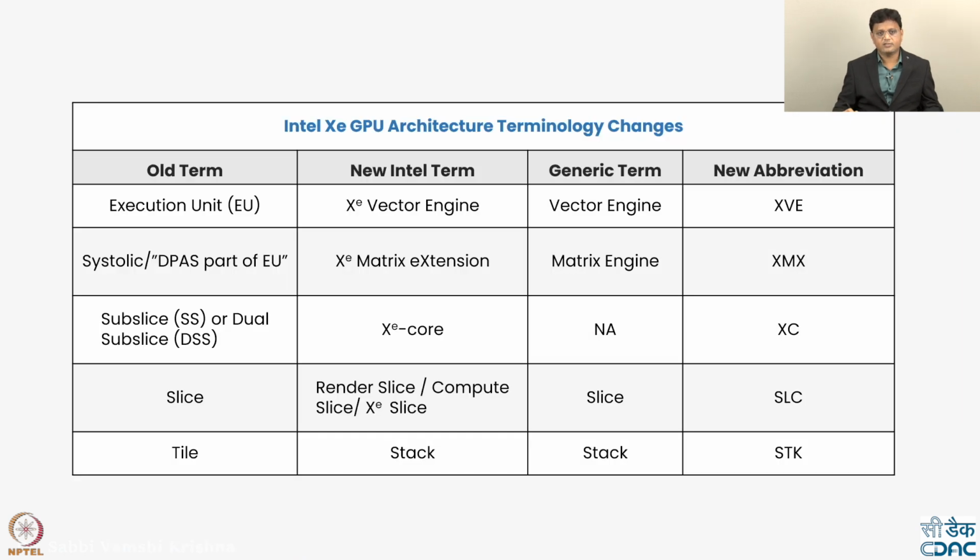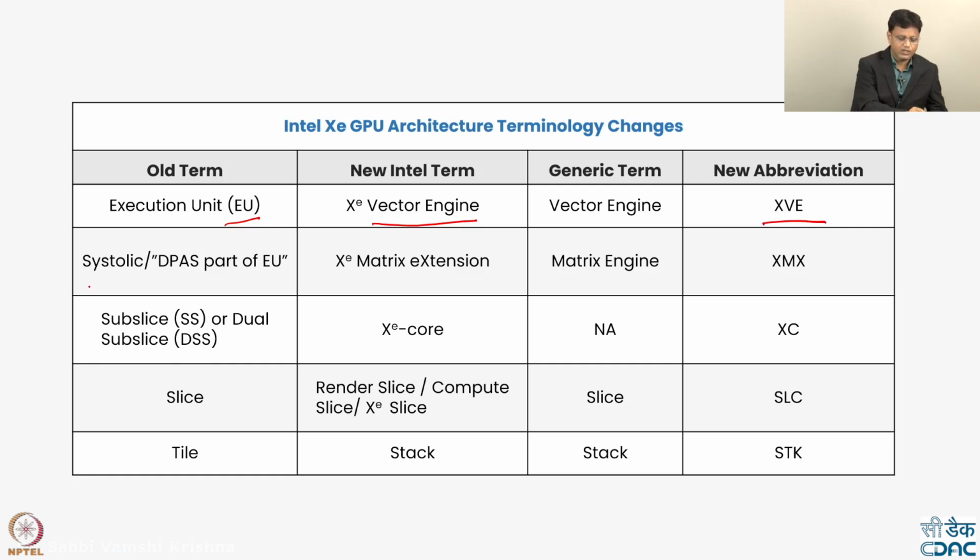So, let us discuss the Intel architecture terminology changes. Intel has recently changed some terminologies. The older terminology was execution unit, but now the new terminology they are calling it is XC vector engine, because XC represents the series of GPU families, and the abbreviation is XVE.